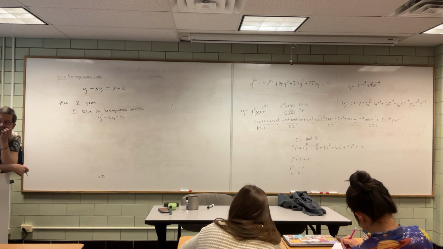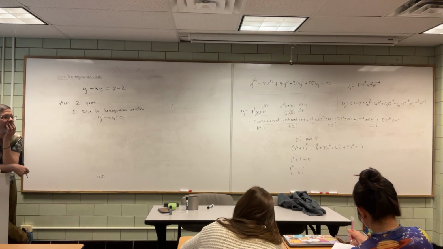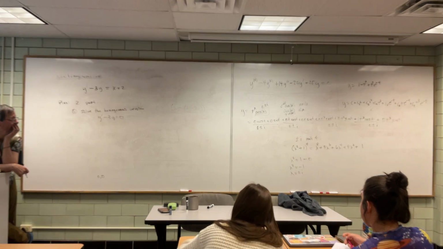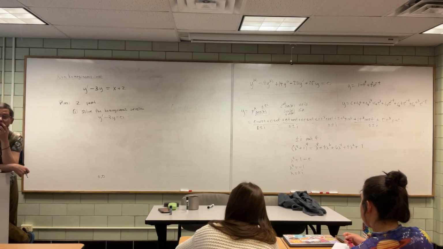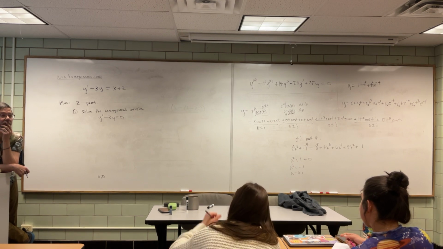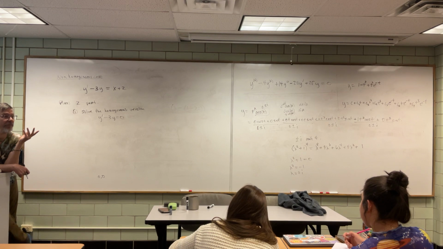I bet you can once you get used to it. See if you can just do that in your head. You can do it on paper if you want. What's the polynomial? Lambda minus 3. What's the root of that? 3. So what's my solution? E to the 3x, beautiful.